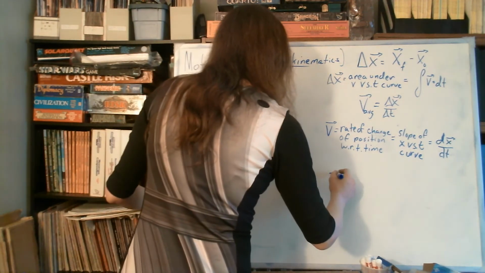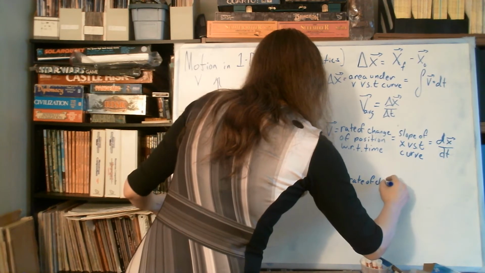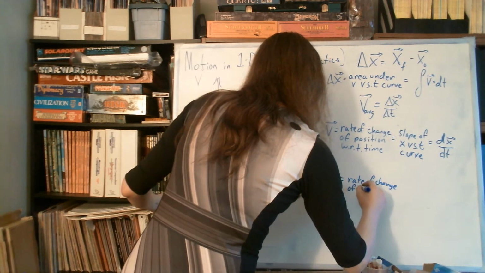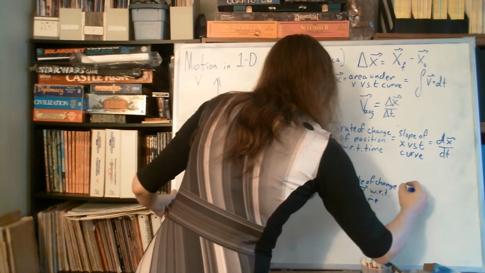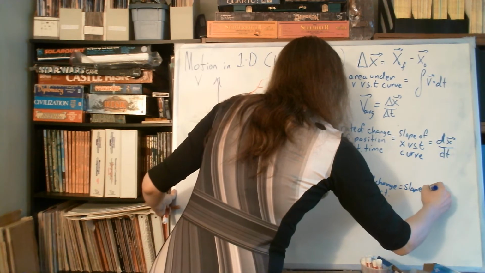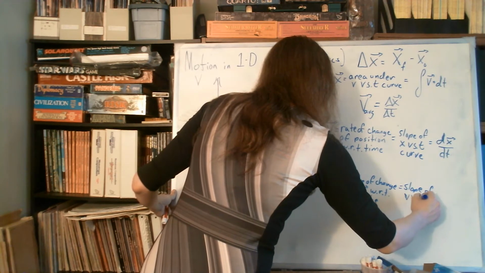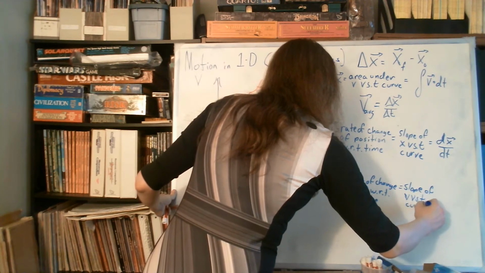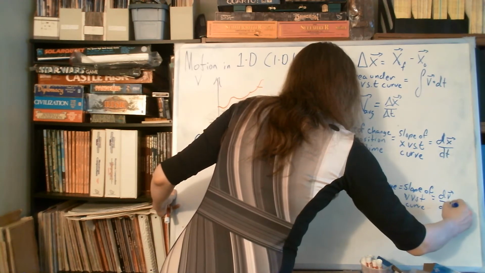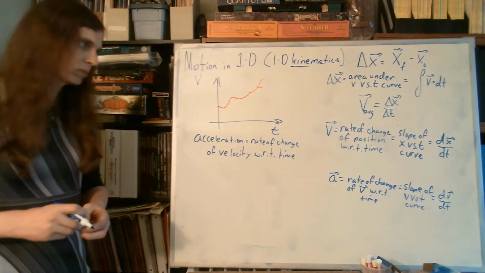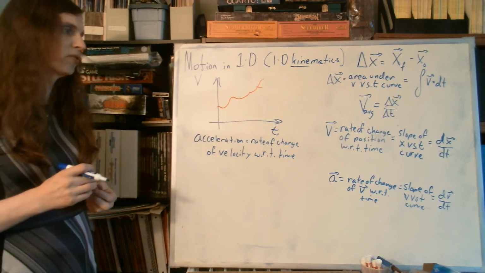And for that, we use symbol A. And so it's also the slope of a curve. It's the slope of a velocity versus time curve.